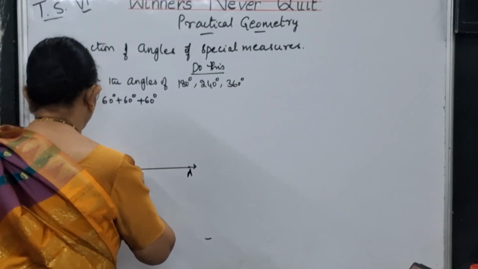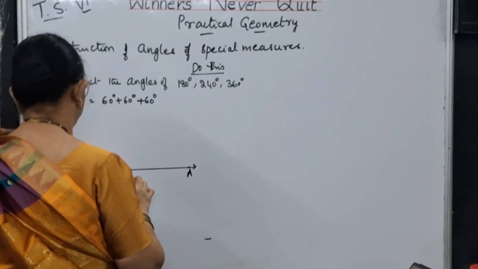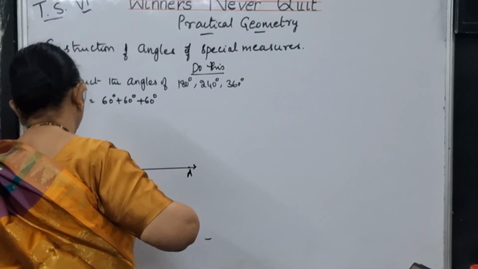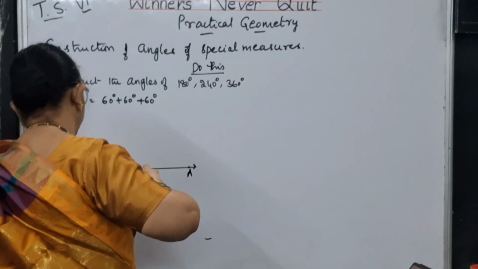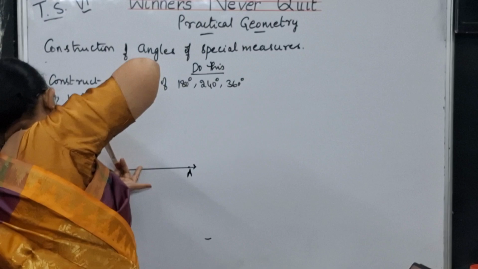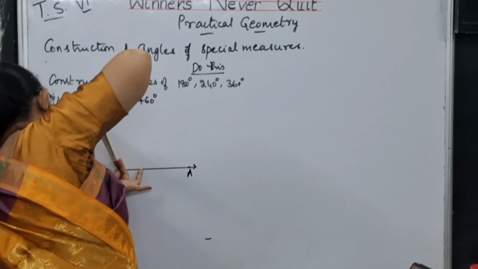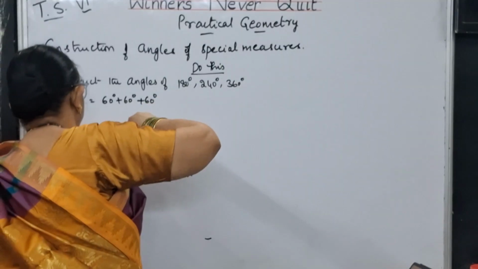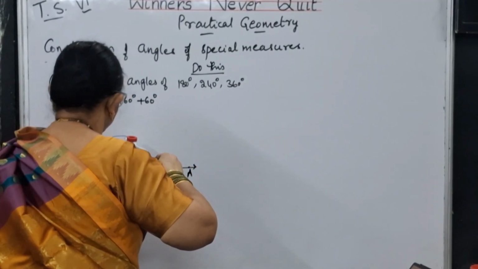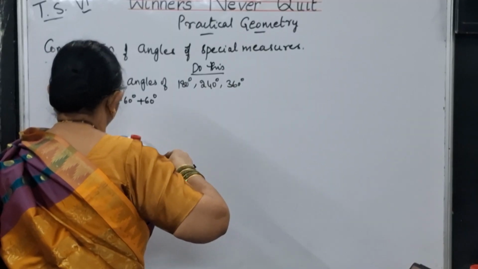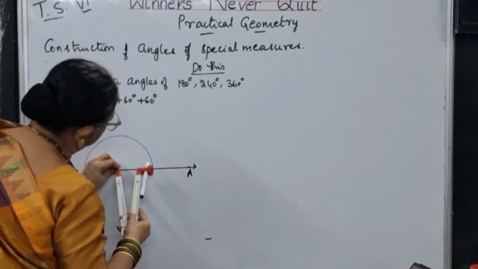So let me draw an arc like this, with this as a center. So I am drawing an arc like this, children.